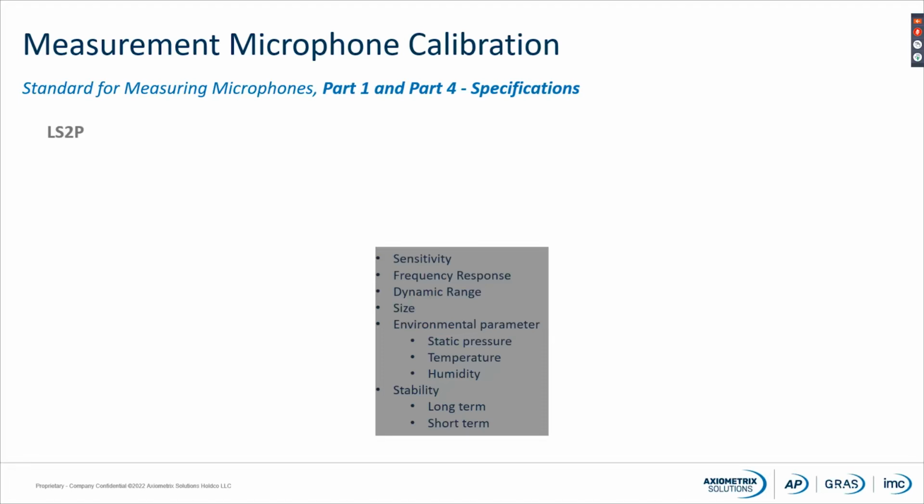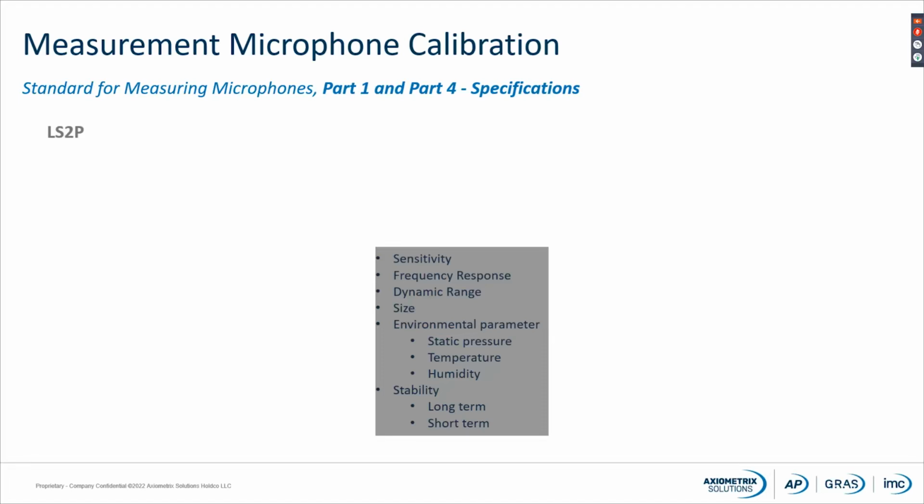Part 1 has the specifications for laboratory microphones, and part 4 for working standard microphones. Laboratory microphones, as we have it here, LS2P: LS means laboratory standard, 2 for a half-inch microphone, and P is the type of microphone.